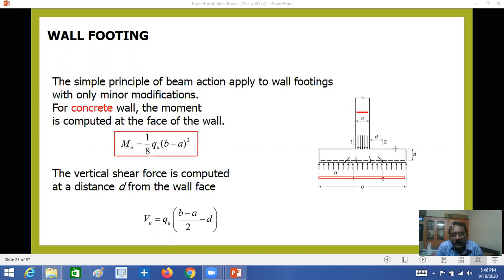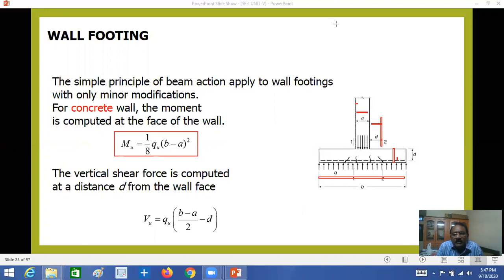Now here d is the depth. This vertical shear force you can call a one-way shear at d, a vertical shear at the d distance. So at the effective depth d from the face, the shear force is Vu equal to qu into (b minus a) by 2 minus d.